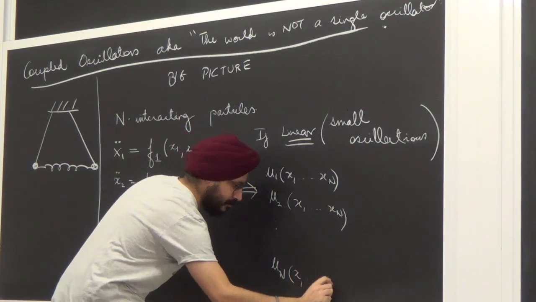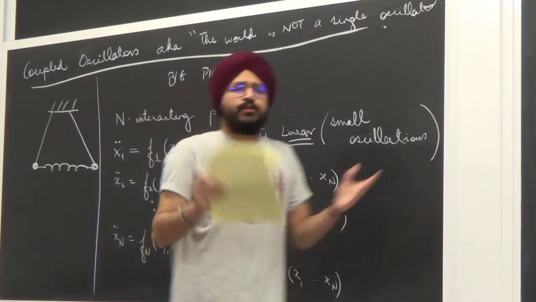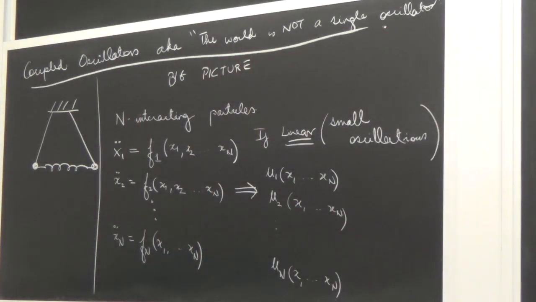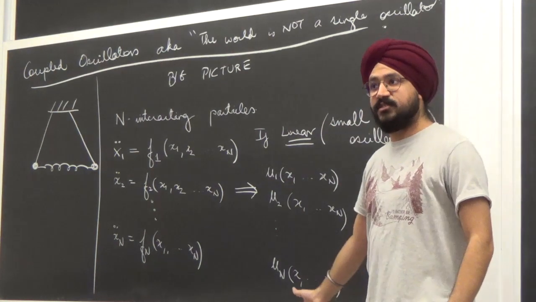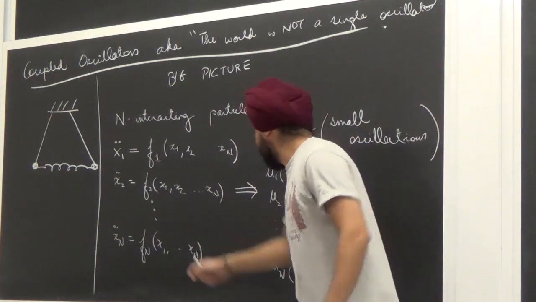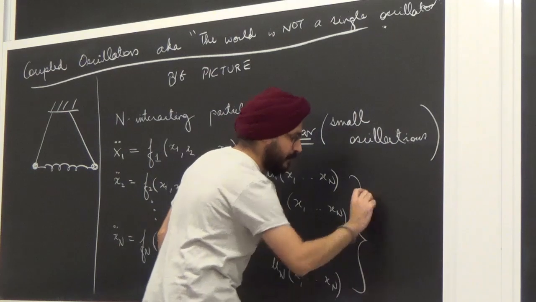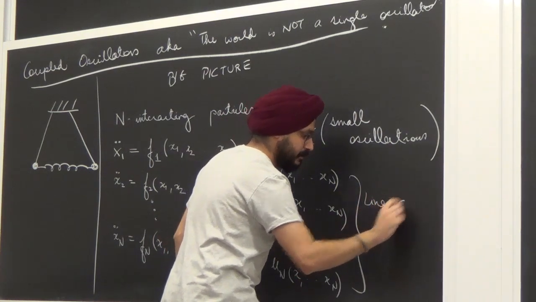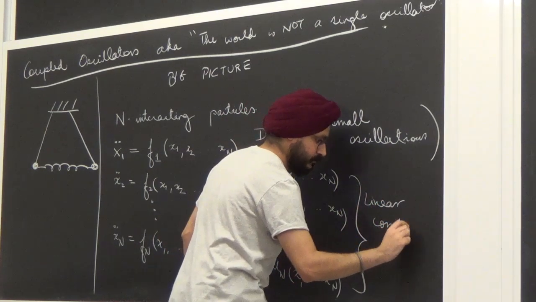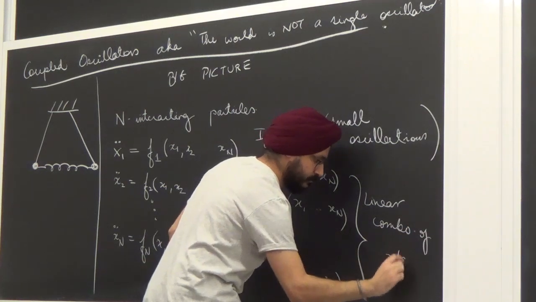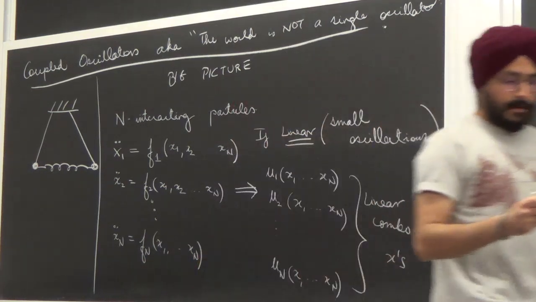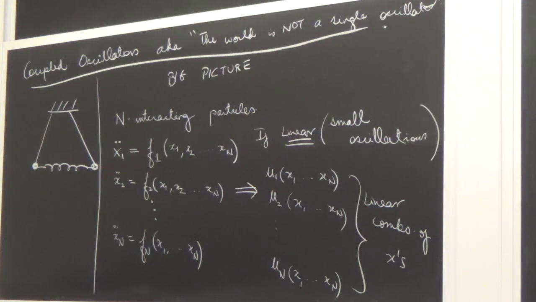Okay, u's may or may not have a physical meaning. They are just linear combinations of the x's. So the force laws are linear, and the u's are also linear combinations of x's. Okay? Then magic can start to happen.